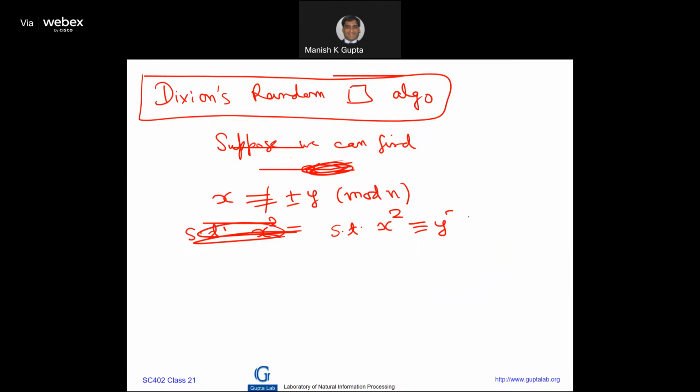Suppose we can find two numbers x and y such that x is not congruent to plus or minus y mod n, but x squared is congruent to y squared mod n.